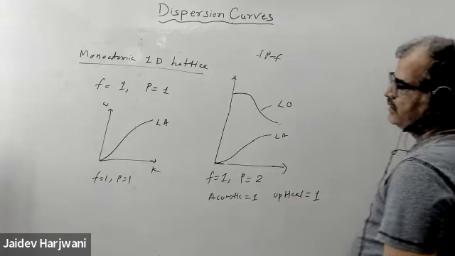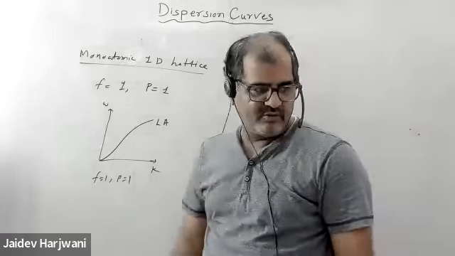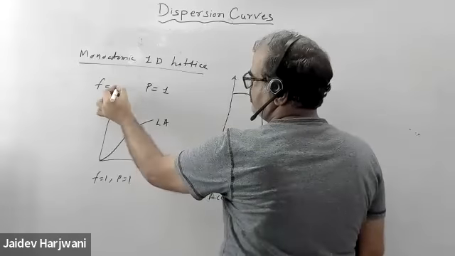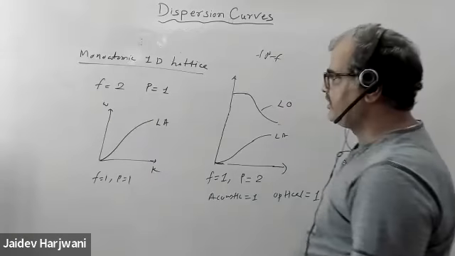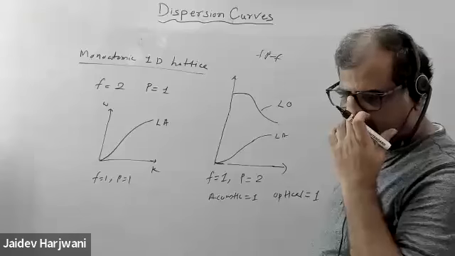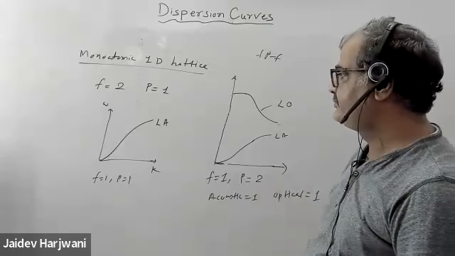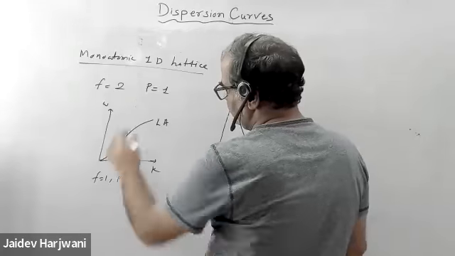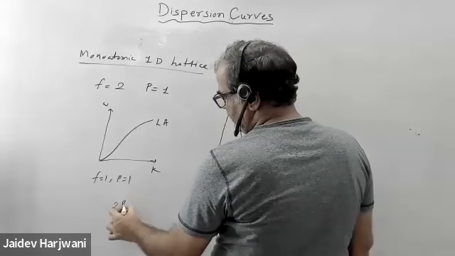Now one more example. If f equal to 2 and p equals to 1, how many branches will there be in total? 2.